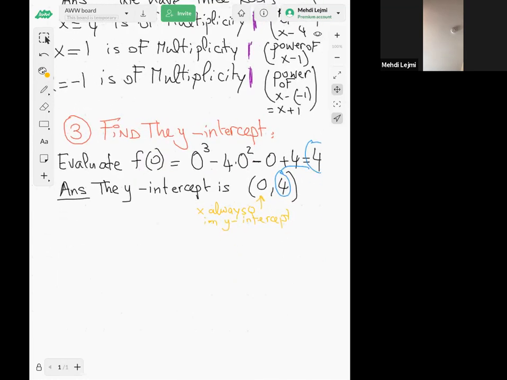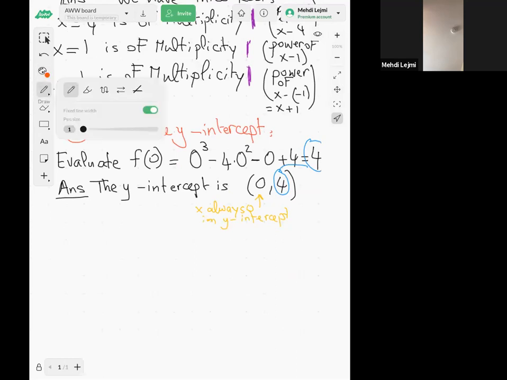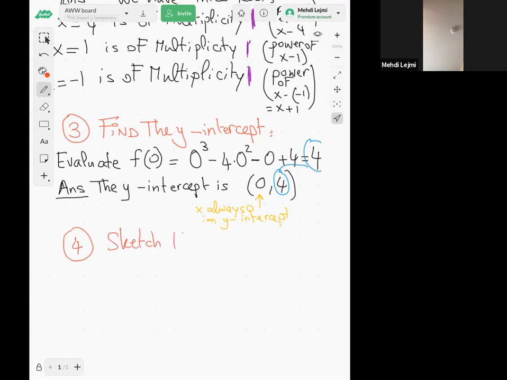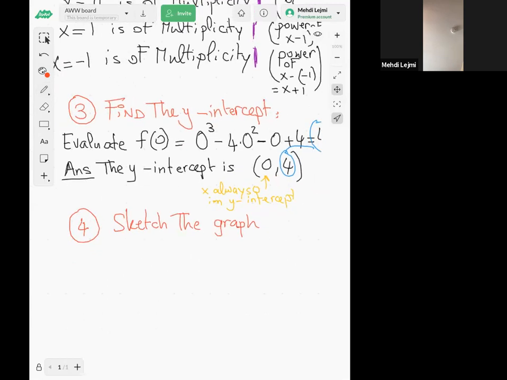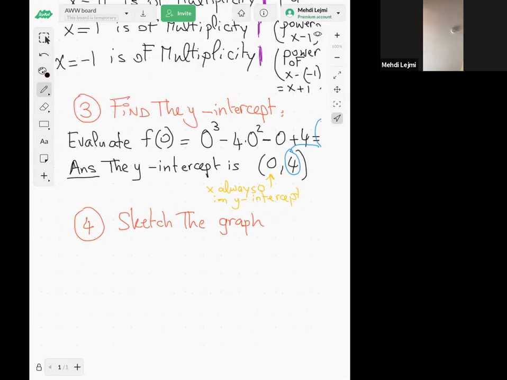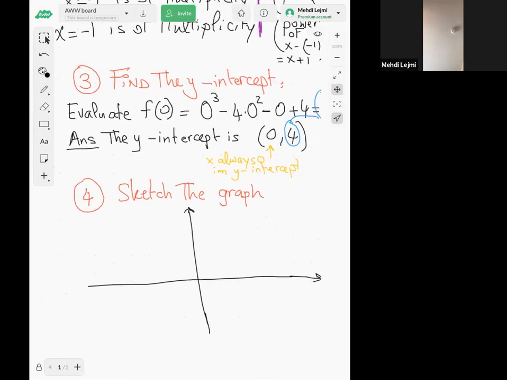So now I can sketch the graph. Here's my x-axis, y-axis. First, what's the behavior at infinity? We said the graph is going to start from down here, and then at positive infinity it's going to be somewhere here.